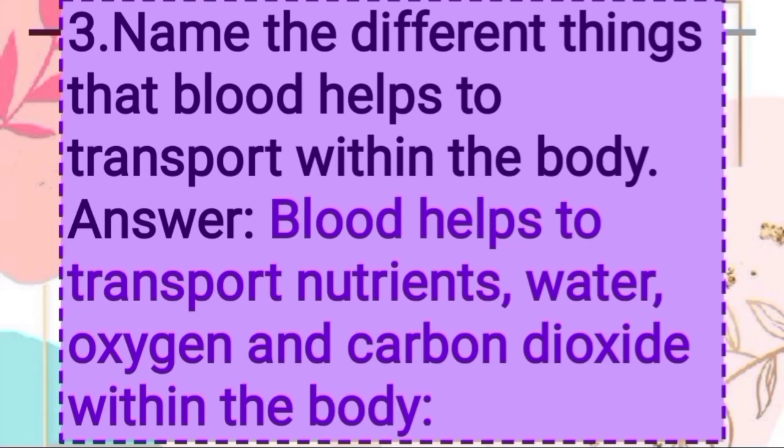As you know that blood is a fluid that is carried by blood vessels to all parts of the body, and it forms medium through which all these nutrients, water, oxygen, carbon dioxide are transported inside our body.